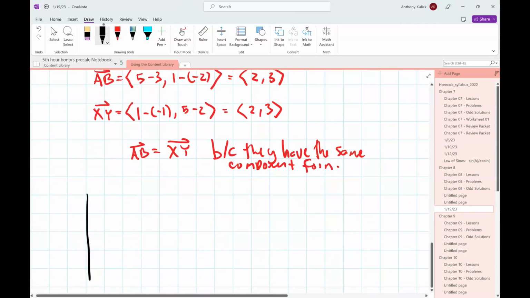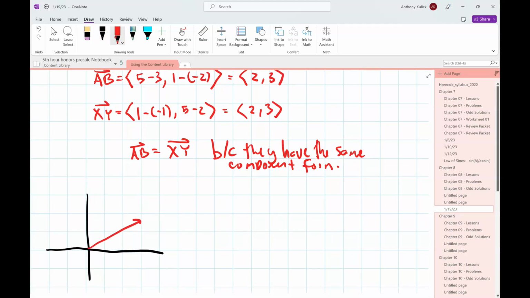So let's say that we have some component form vector. Just call it vector V. If I want to calculate the magnitude of that vector, the magnitude's the same as the length of the vector.